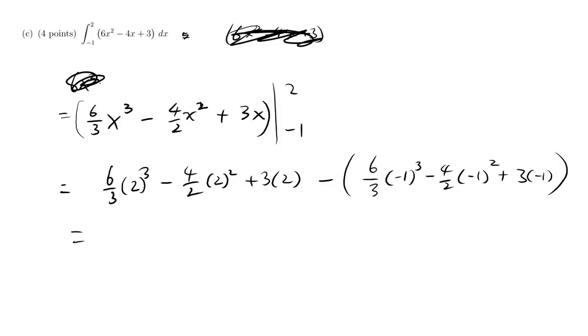And then that's what? This is 2. 2 times 8 is 16. That's also 2, so that's minus 8. 3 times 2 is 6. Minus negative 2, 1, negative 2, and then minus 3.